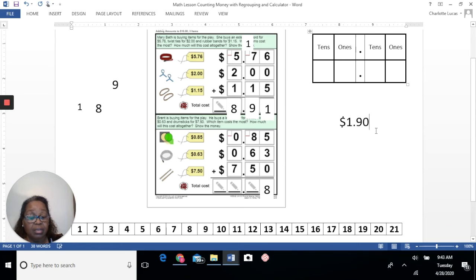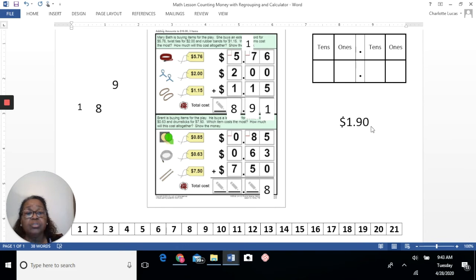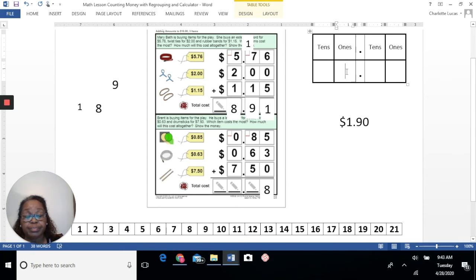It's really 190 altogether. So 190 cents, if we add it, would be $1.90 and no ones. See how that works?